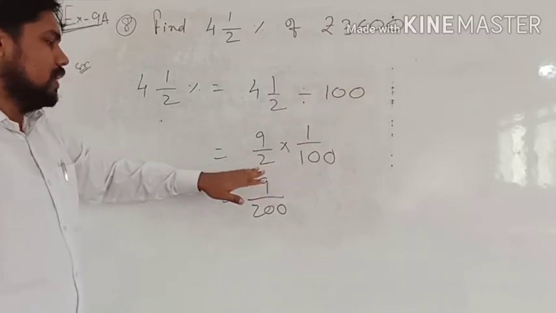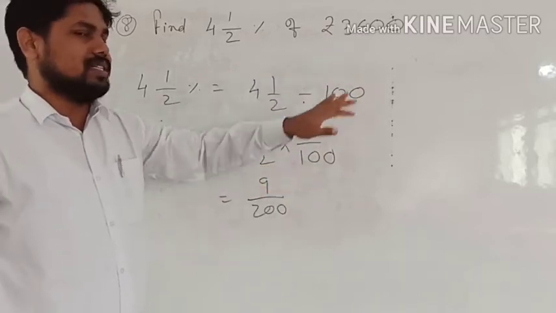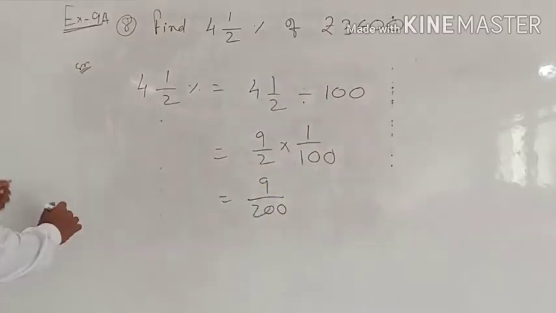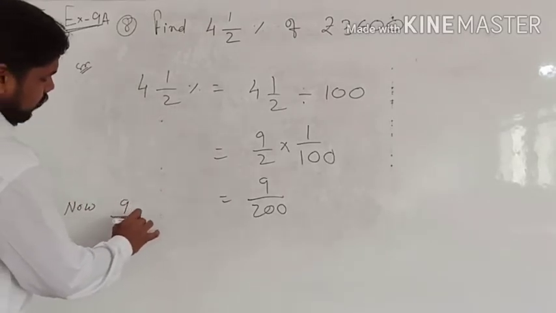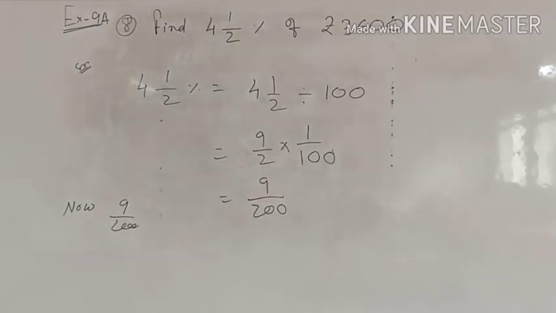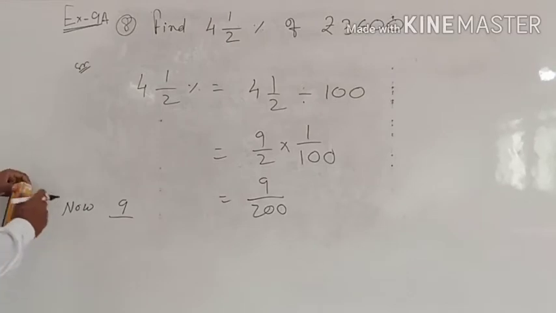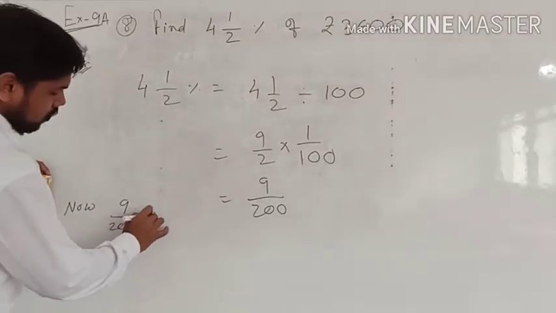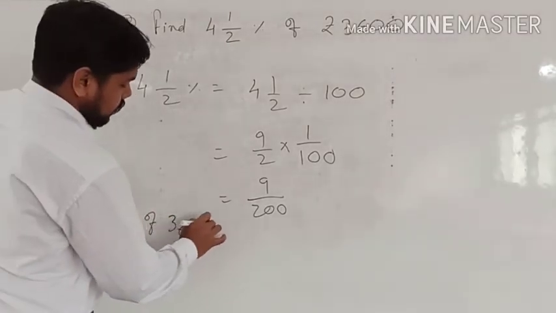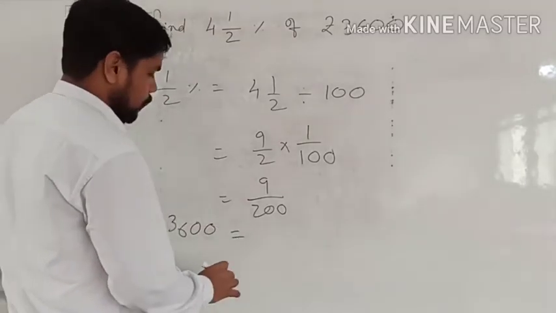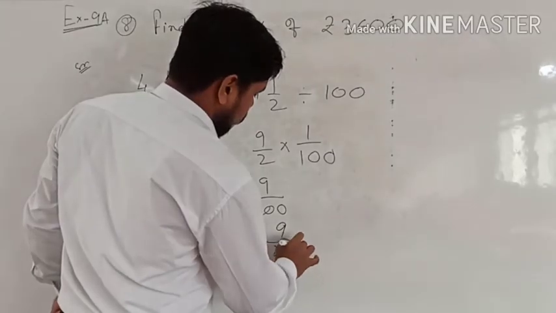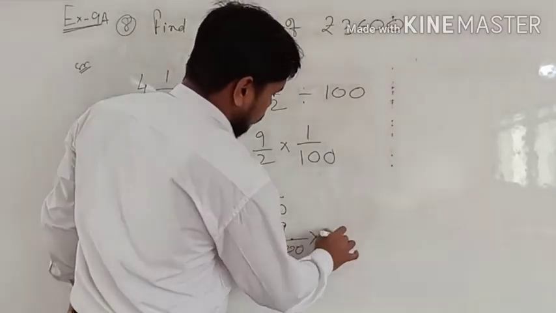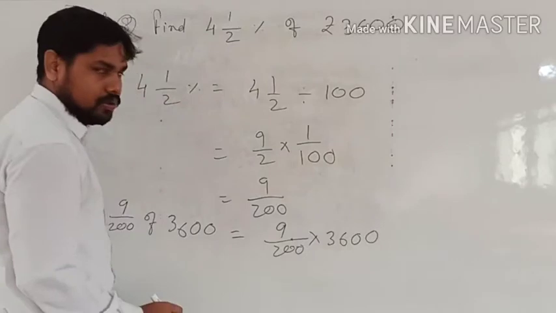So what is 9 by 200 of 3600? Now we have to calculate that. 9 divided by 200 of 3600 is equal to 9 divided by 200 multiplied by 3600.